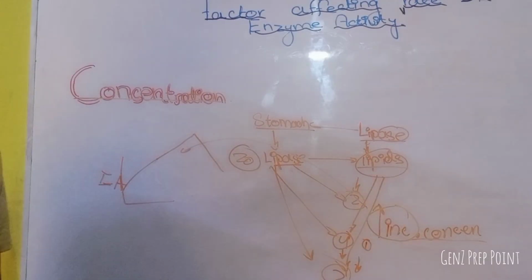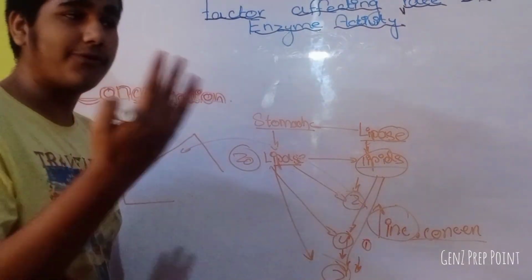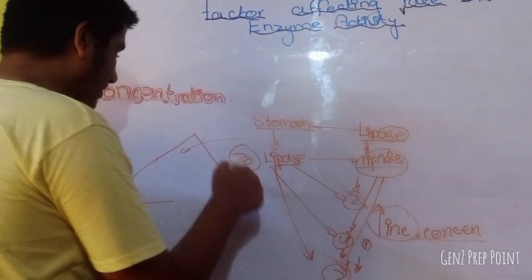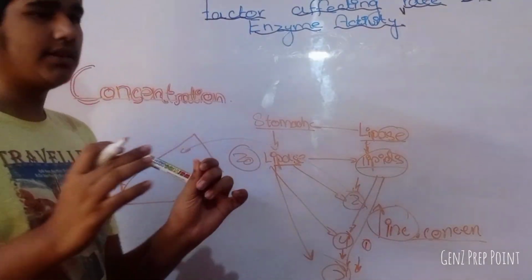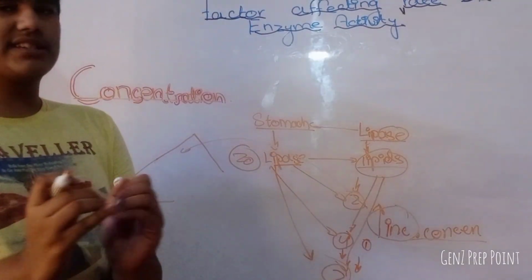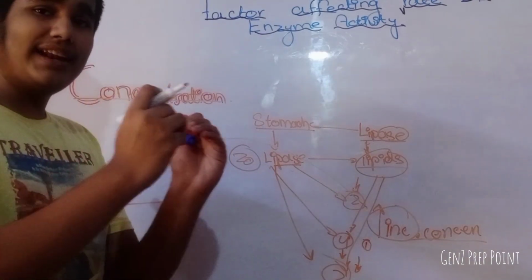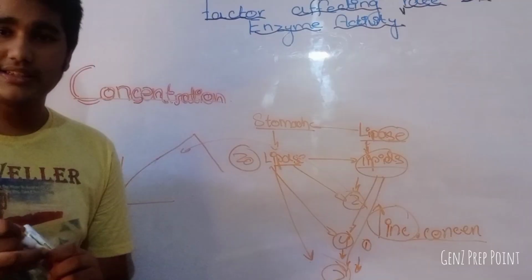Only 2 enzymes are working, no more than that. Before, 4 enzymes were working. So the concentration decreases, and there is a downfall in the graph. So we can say that a decrease in concentration means a decrease in enzyme activity, as well as an increase in concentration results in an increase in enzyme activity.